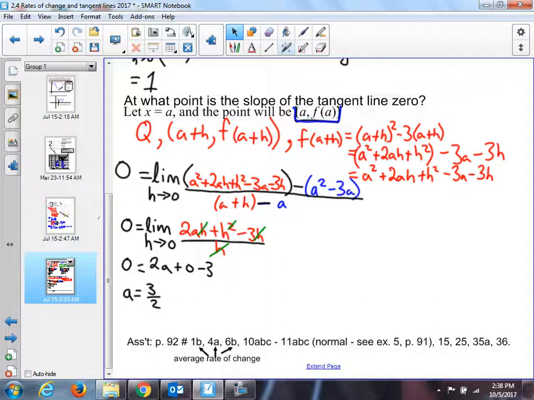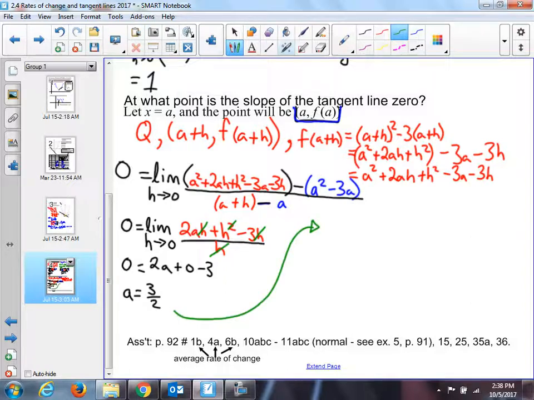So, I'm going to follow an arrow up here because I'm running out of space. f of a, or f of 3 halves, is 3 halves squared minus, what is it, 3x.